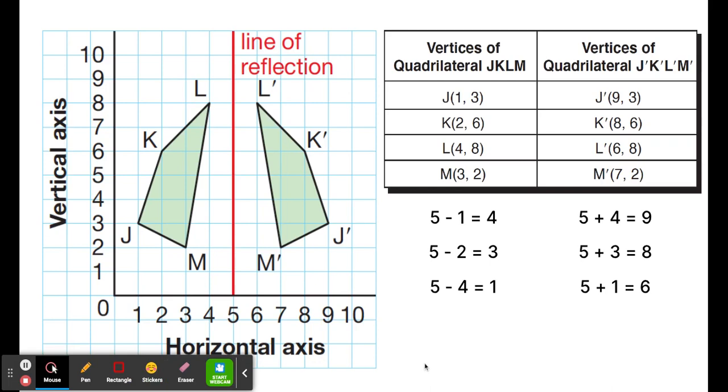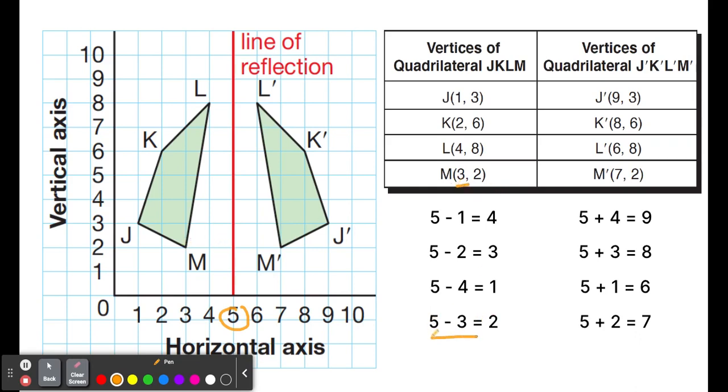And last but not least, M and M prime. Again, we know our line of reflection is at 5 on the x-axis. Vertex M is at 3. 5 minus 3 equals 2. So that tells us that M is 2 units away from the line of reflection. We can count and verify that.